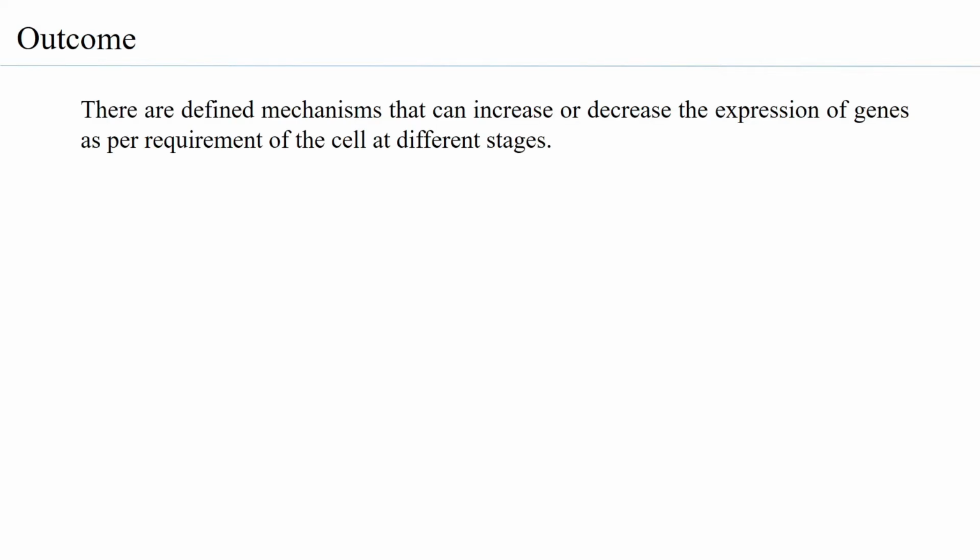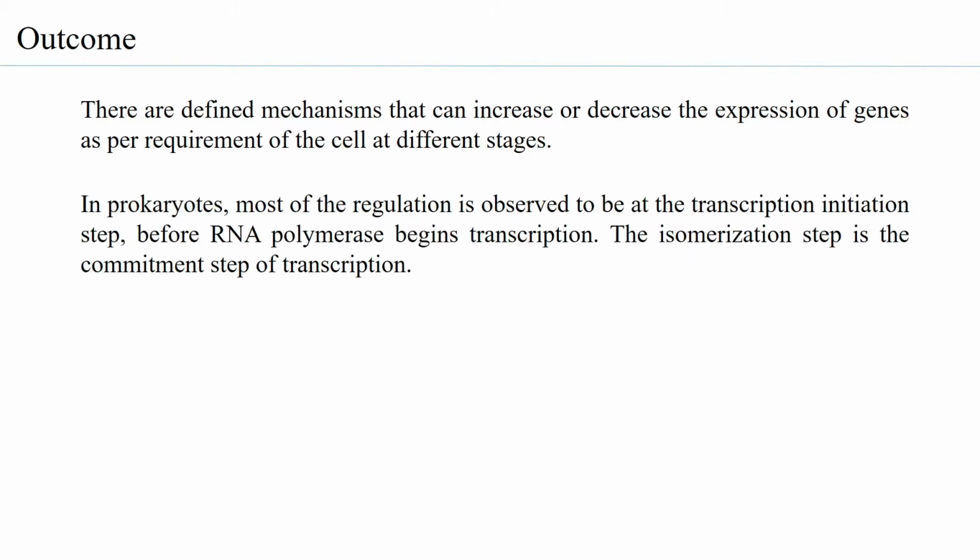So what are the learning outcomes of this session? Well, there are defined mechanisms that can increase or decrease the expression of genes as per requirement of the cell at different stages. In prokaryotes, most of the regulation is observed to be at the transcription initiation. When the RNA pol is just about to begin transcribing a gene, that is when you can have the transcription stop, or that is when you can have the transcription activated.